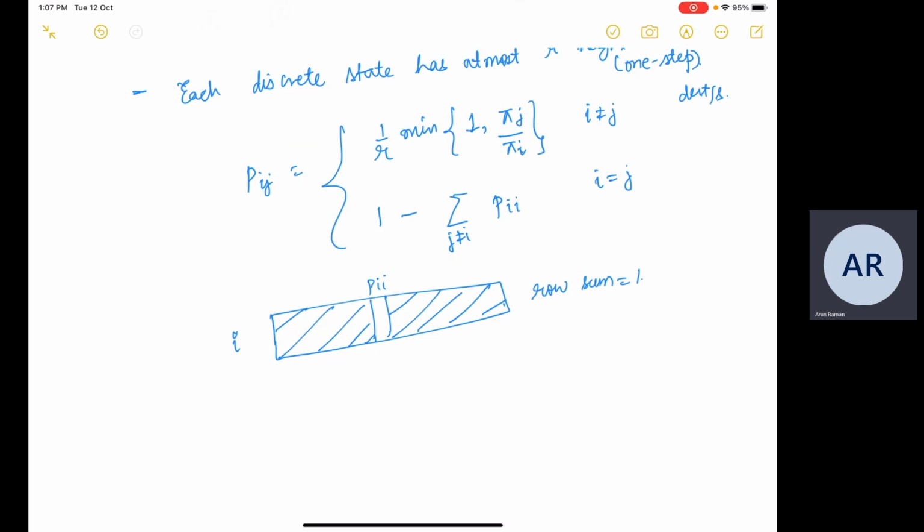So the design itself is such that the row sum is equal to 1. So we basically put in, this should be Pij.